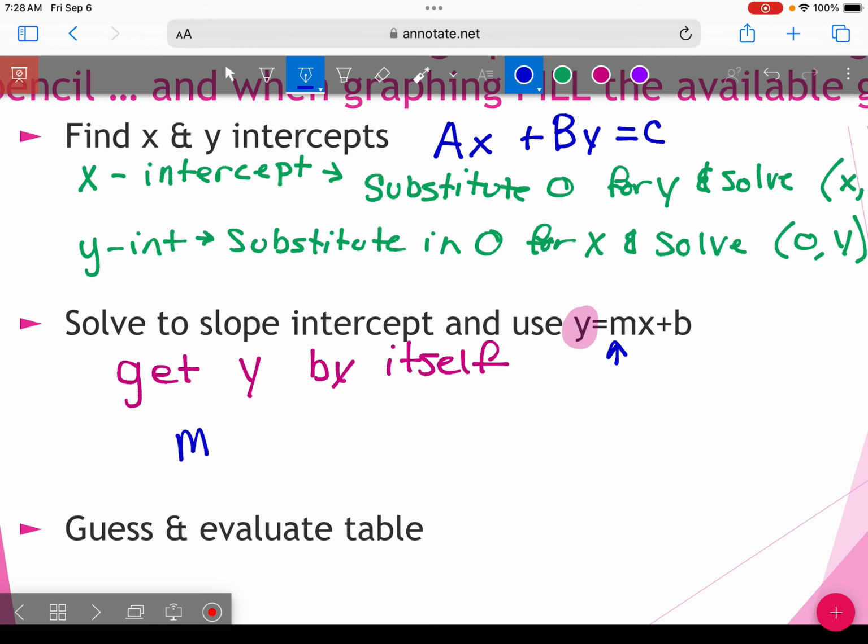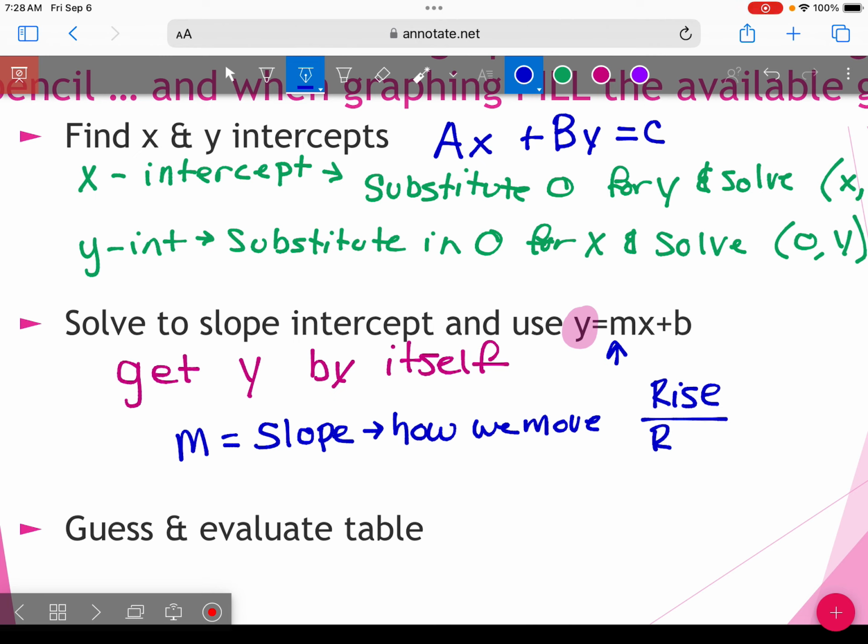The m is our slope. How do we use slope? How does that help me? Rise over run. This is how it moves. Rise over run.